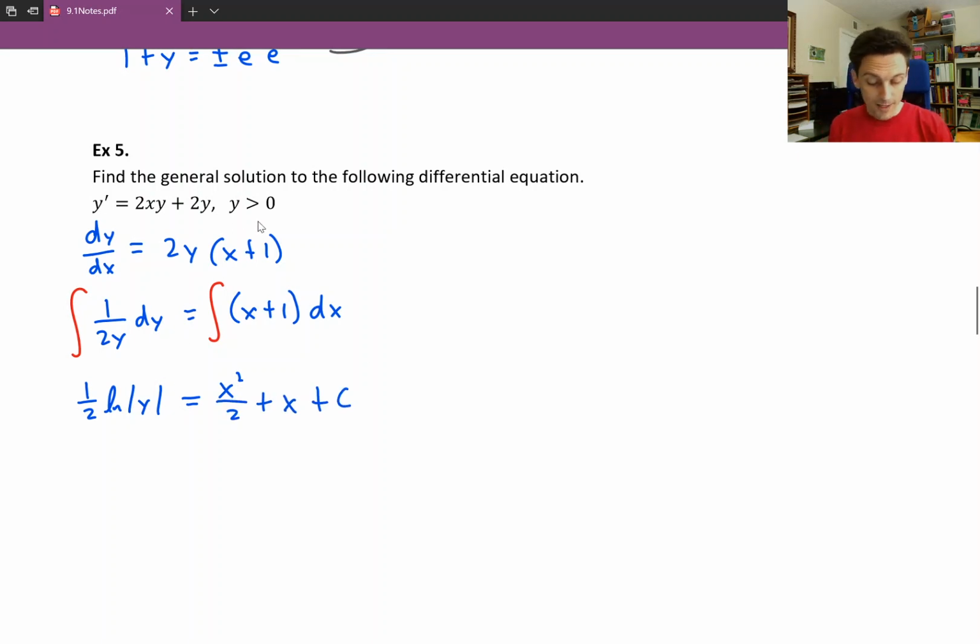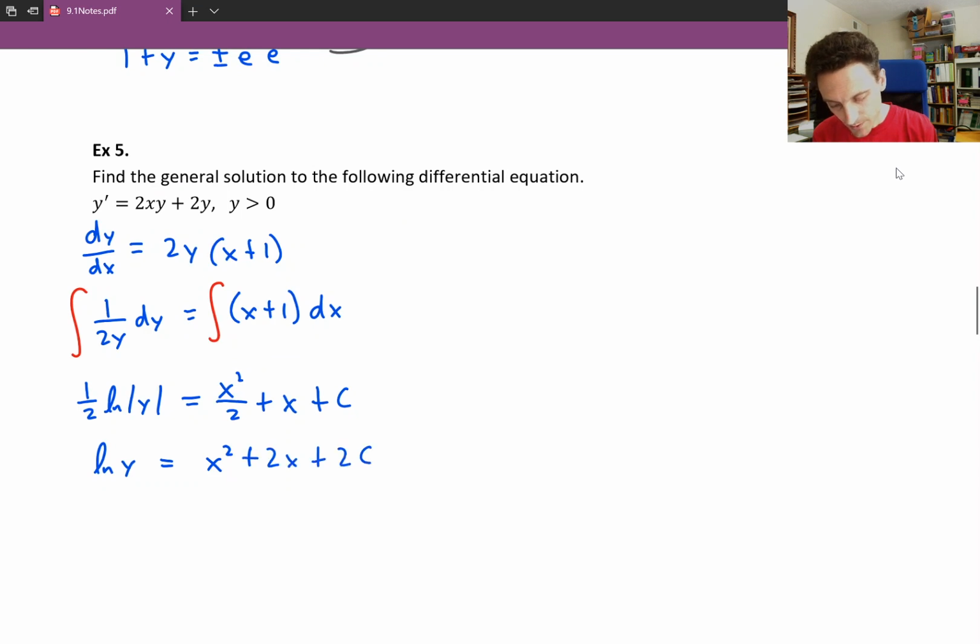Now here, y is greater than 0. y is positive, so we can drop these absolute value bars. So that's kind of nice. We don't have that plus or minus situation that came up in example 4. What we can do is multiply both sides through by 2. I'm going to drop the absolute value bars, multiply through by 2, so we have ln y equals x squared plus 2x plus 2c.